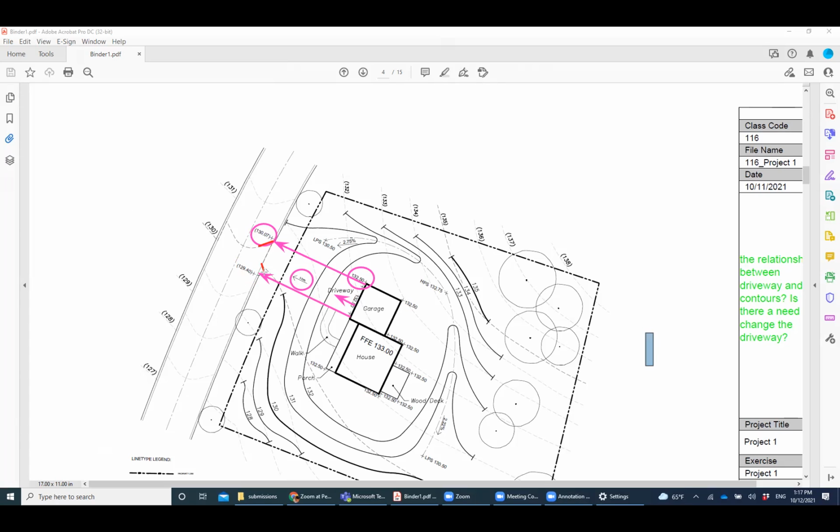Now you need to find out where 130 is along that line, finding the tick marks on this line, and then that's 130. You connect with whatever the proposed contour is for the other side. Wrong, sorry. That point, I'm sorry, take that back.